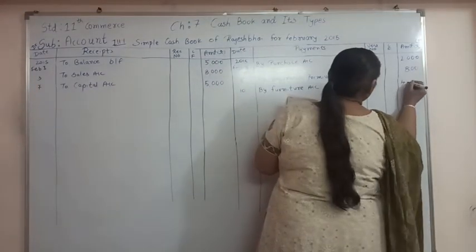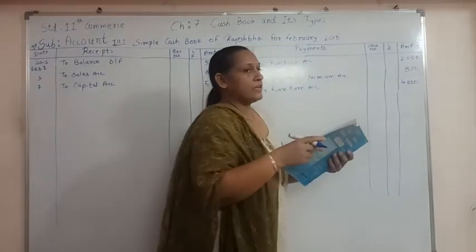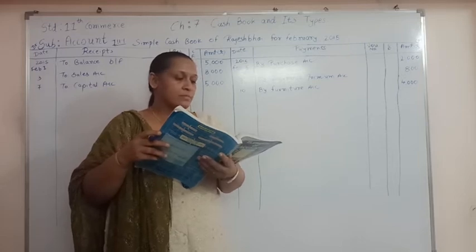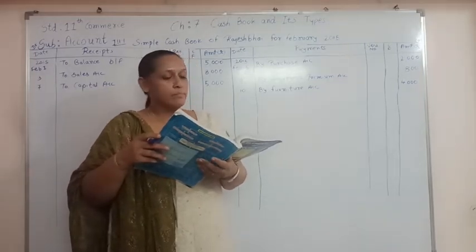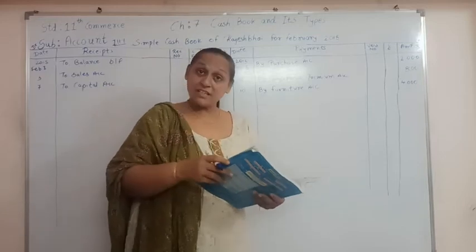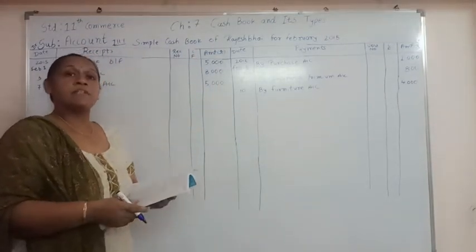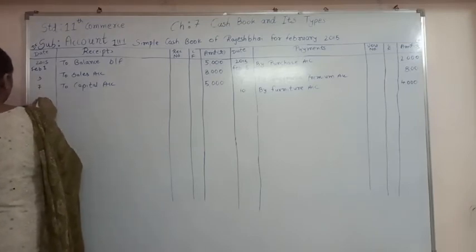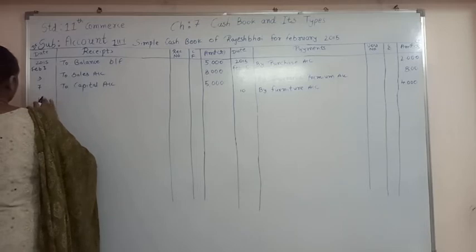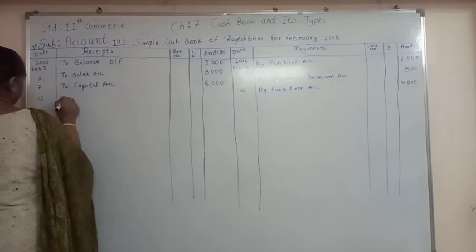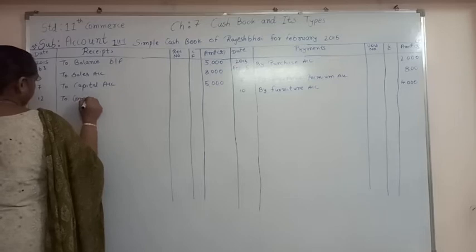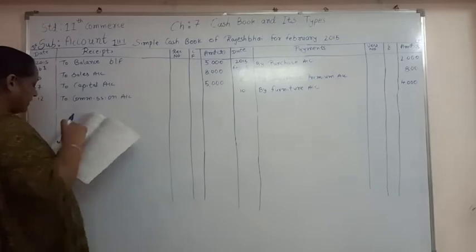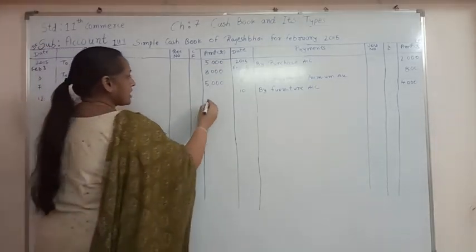Now next is on 12, rupees 1,500 received towards commission and 1,200 paid towards brokerage. Commission is our income and that is going to be debited to the cash book, so on 12 to commission account, 1,500.